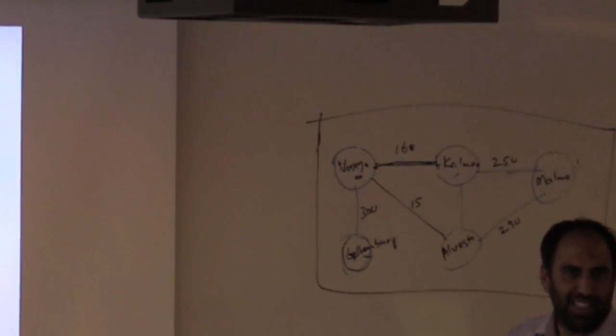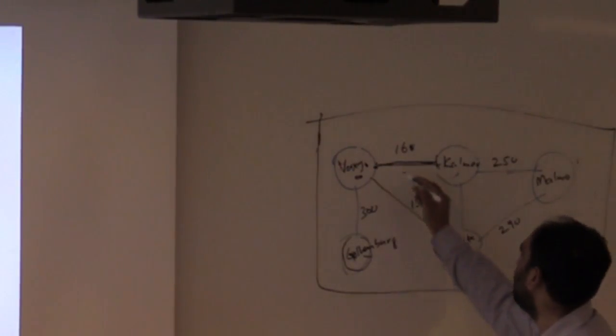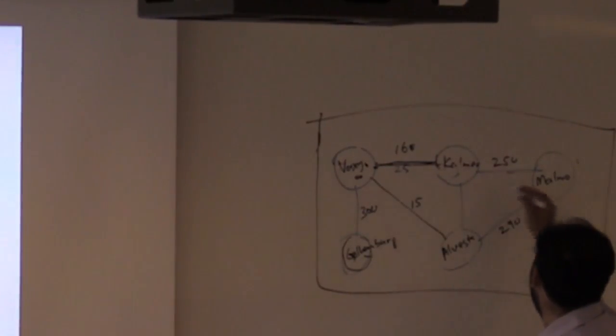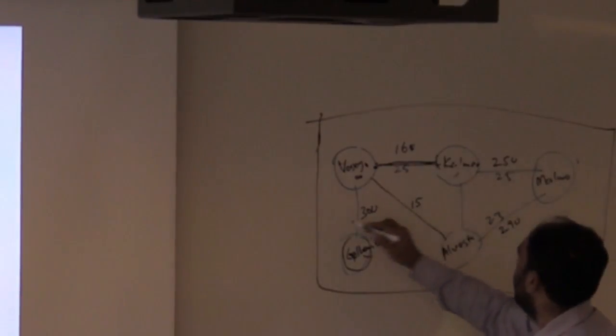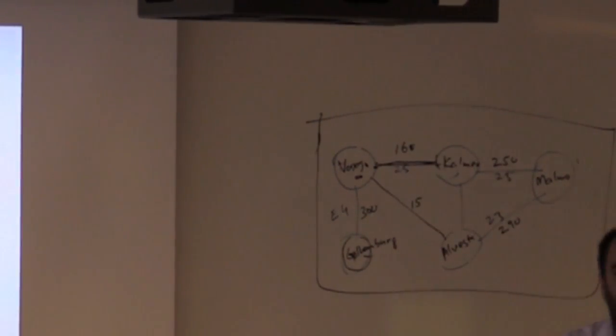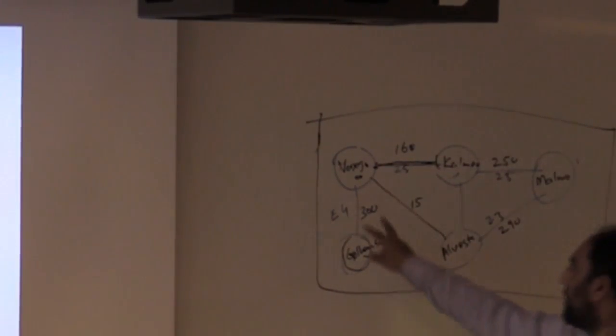So it's like, for example, road number 25, and the one that connects with Malmö maybe 23. So in some cases, but that's an optional thing.